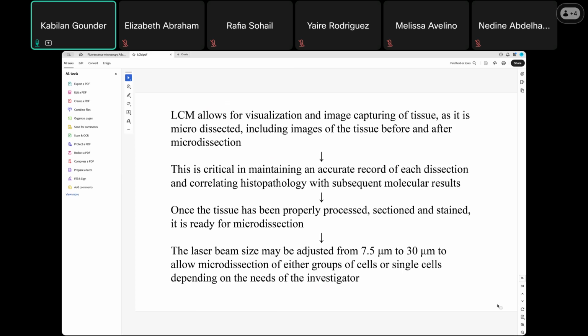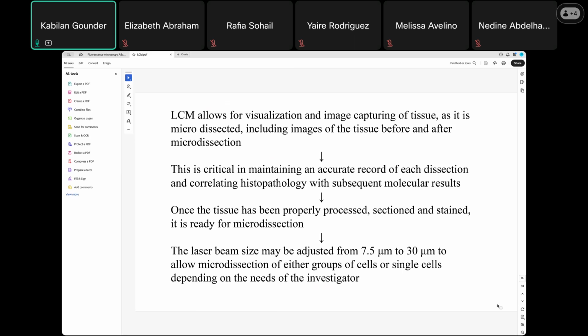Once the tissue has been properly processed, sectioned and stained, it is ready for microdissection. The laser beam size, how much area you are going to isolate, depends on the spot size, the laser beam size.